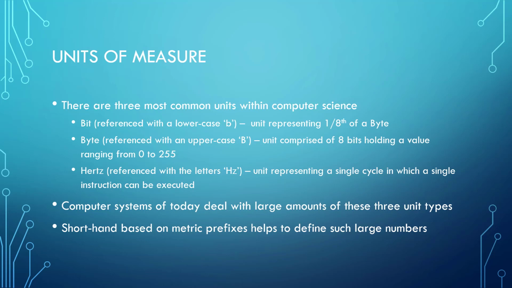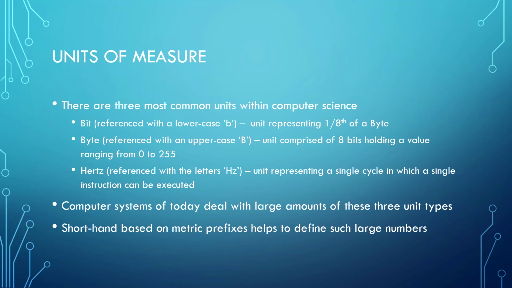So you might have heard about a 64-bit machine or 64-bit processor on a computer that is 2.4 gigahertz processing speed with a hard drive of 1 terabyte of storage capacity.